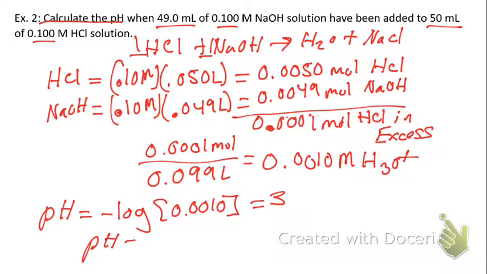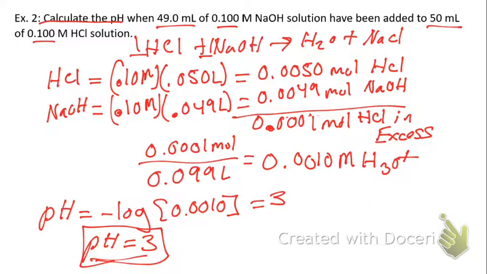So we are basically a milliliter away from hitting the equivalence point, and it is still only a pH of 3. All right, so that's pretty significant. So if we add another milliliter of base, we should neutralize all the acid, and the pH should then become a pH of 7. So just that little bit of a difference is pretty significant on the overall pH.